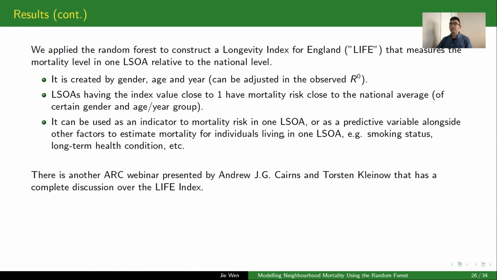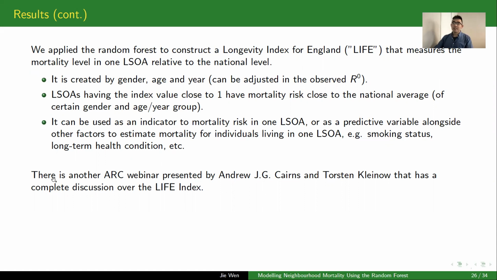For example, we can use this index alongside smoking status and long-term health condition, etc., to predict longevity expectation for one particular policyholder in a pension scheme or in a life insurance annuity portfolio, etc.